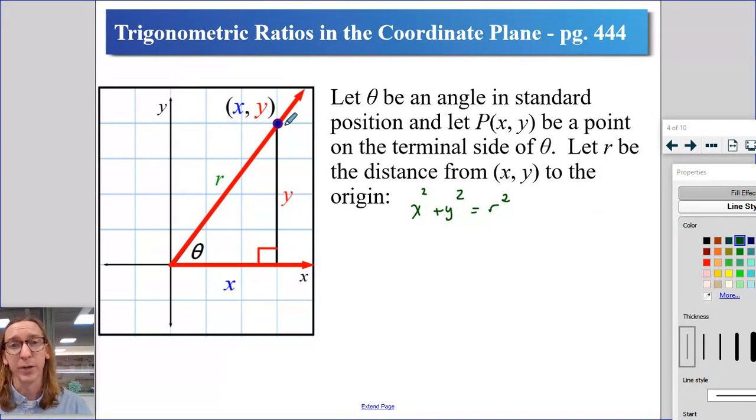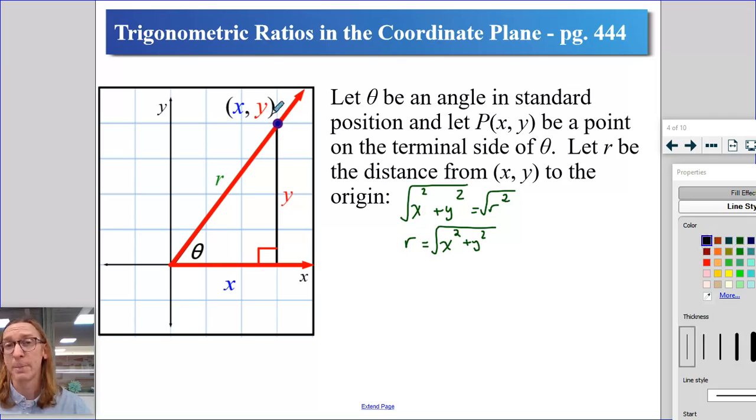So if I want to know the distance from (x, y) to the origin, I can take the square root of both sides and find that that distance, which we're calling r, can be calculated as the square root of x squared plus y squared. Now I can take the ratios for sine, cosine, and tangent and rewrite them in terms of x, y, and r.